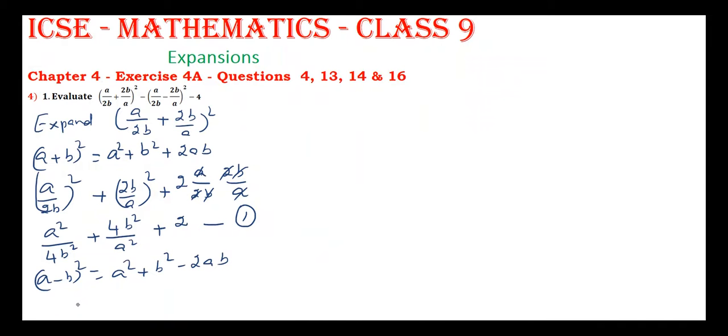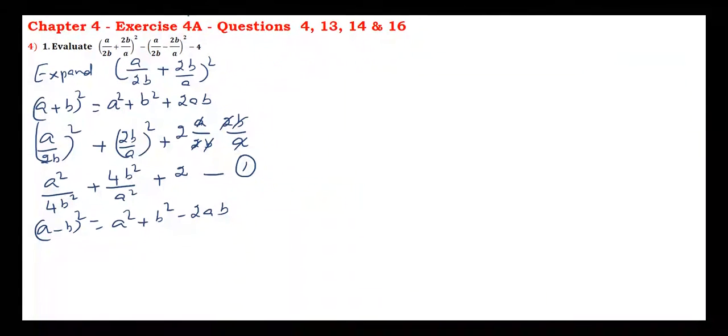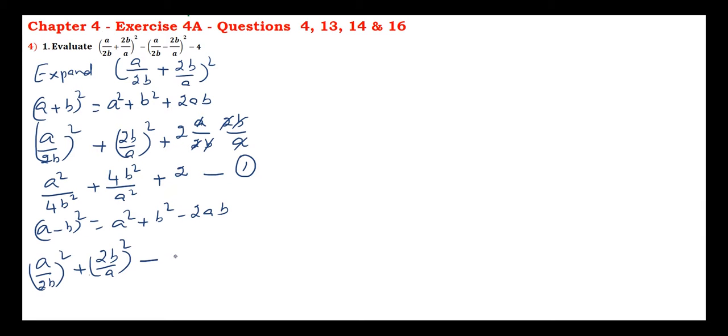So here a/2b instead of a, so (a/2b)² plus, instead of b we have 2b/a, so (2b/a)², minus 2ab, so 2 into a/2b into 2b/a.